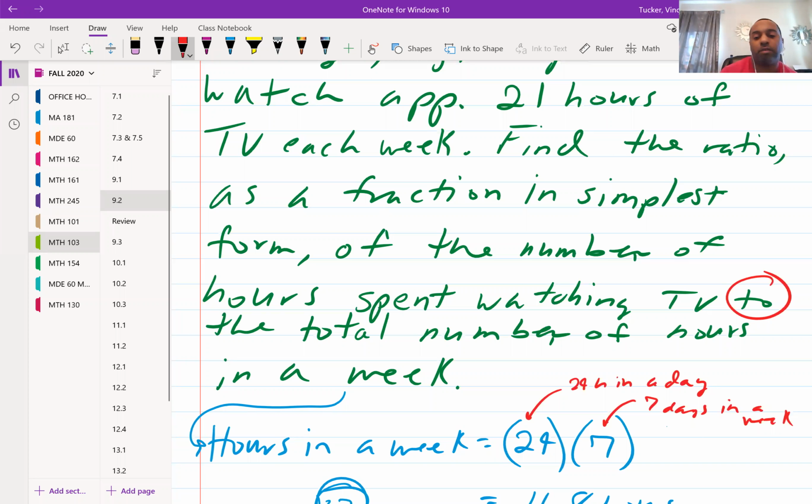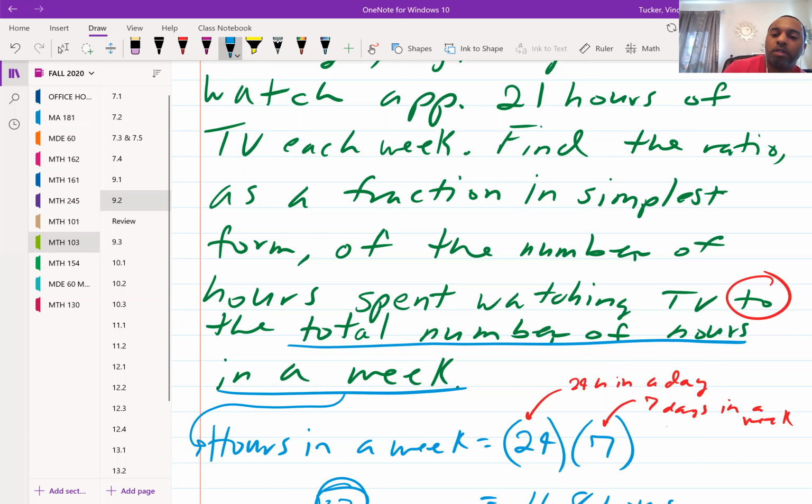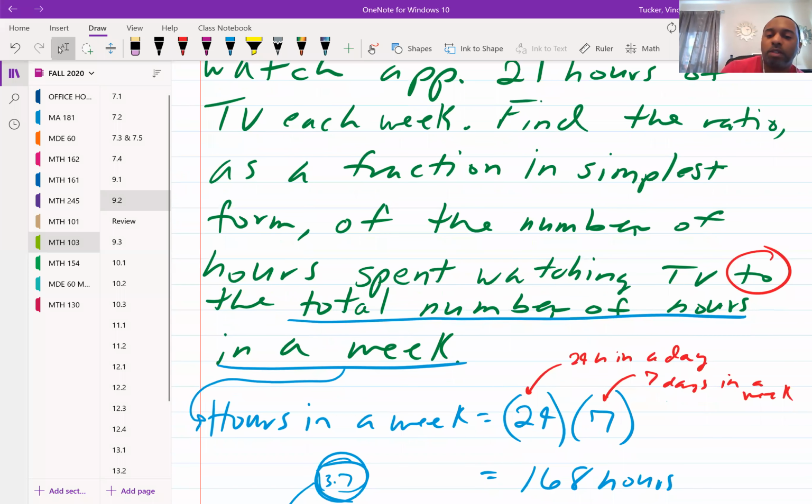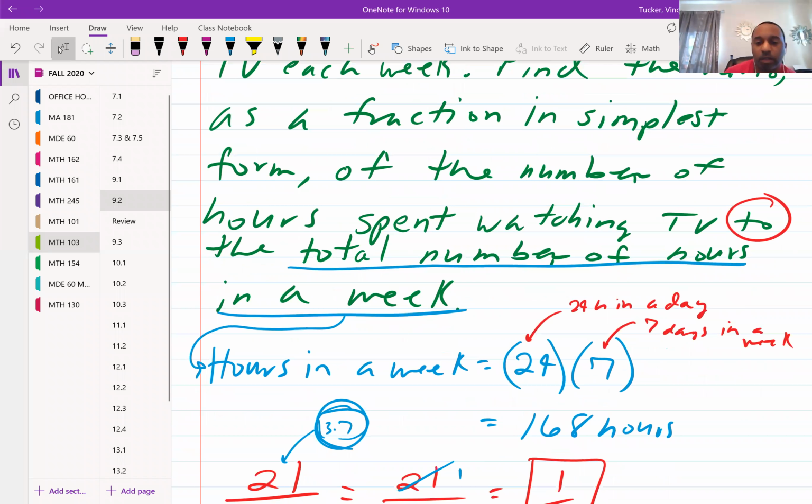Everything after that goes on bottom. The total number of hours in a week is 24 hours in a day, 7 days in a week. Multiply those together and that gives us 168 hours.